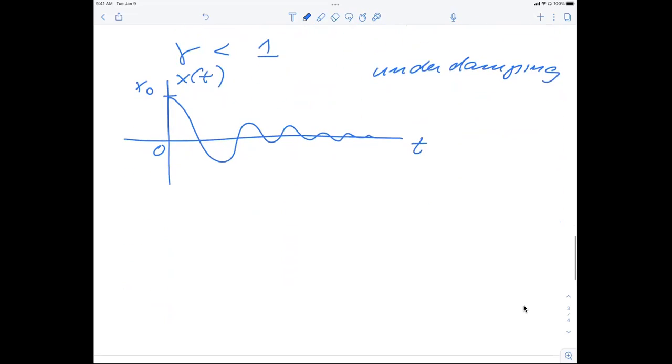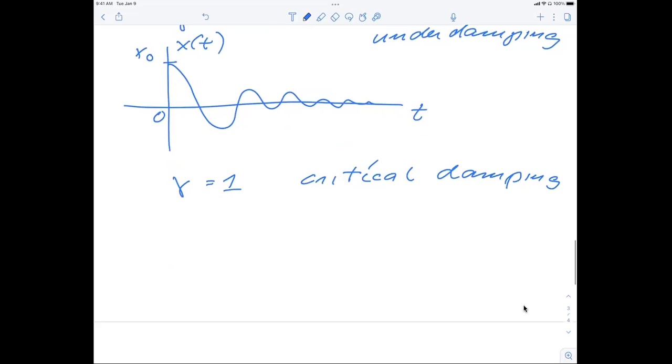The other case which we looked at was gamma equal to 1, which is normally called critical damping. In that specific case, what we saw was something like this.